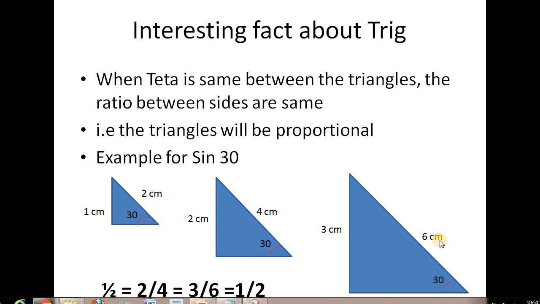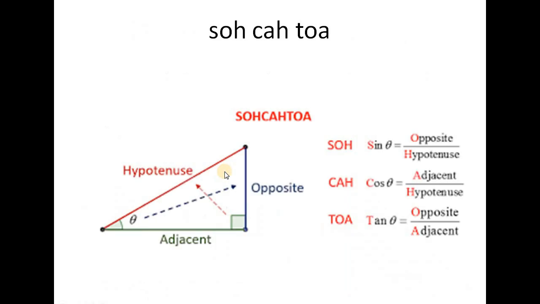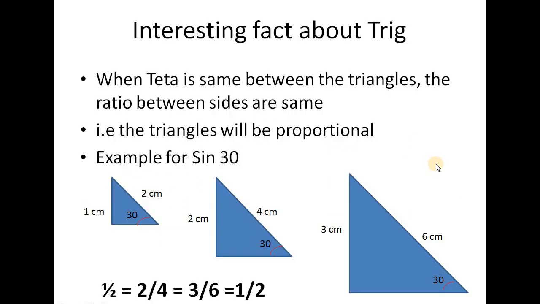So the interesting fact about trigonometry is this: if you try to calculate sine 30 for these three triangles, we know that sine theta is equal to opposite side by hypotenuse. So here for the first triangle, what is the opposite side? This is our theta, so the opposite side is 1 centimeter.